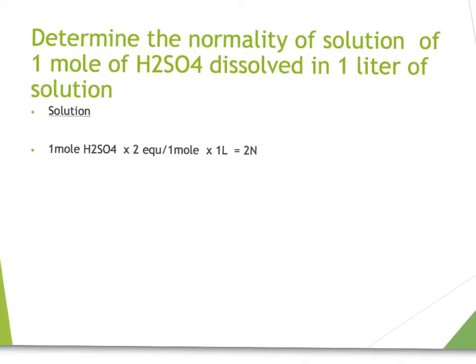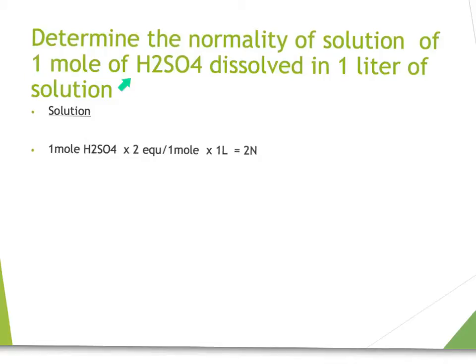In this example problem, we are asked to determine the normality of a solution of 1 mole of H2SO4 that is dissolved in 1 liter of solution. We have our 1 mole of H2SO4. Now remember that normality will end up being equivalents per liter.